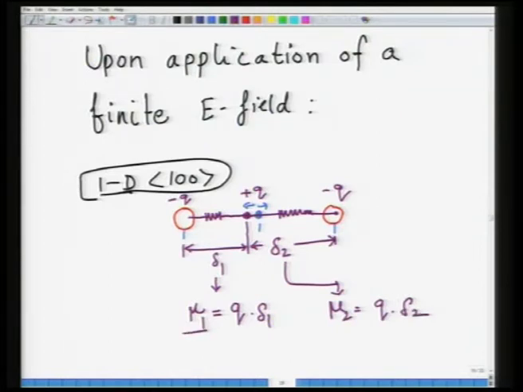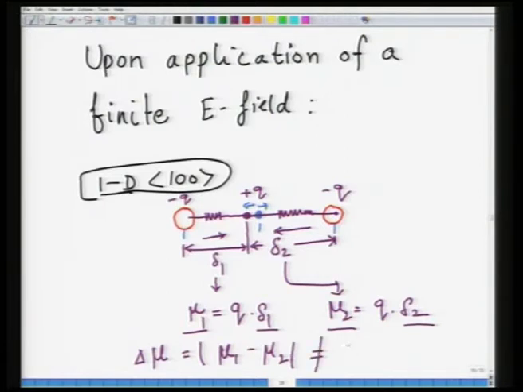But mu 1 and mu 2 are not equal because delta 1 and delta 2 are not equal. As a result, the vectors would be different, the direction would be different. In one case the direction would be that and in other case direction would be this. So, as a result you will have delta mu, which is mu 1 minus mu 2. I am just taking mod for the sake of simplicity.